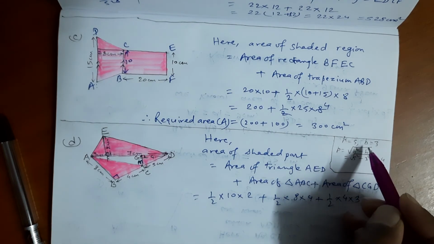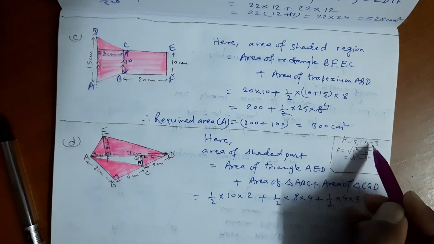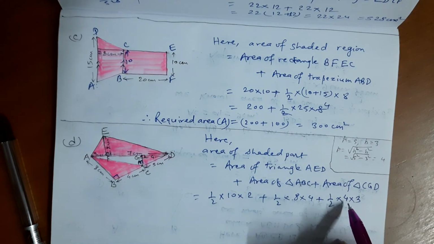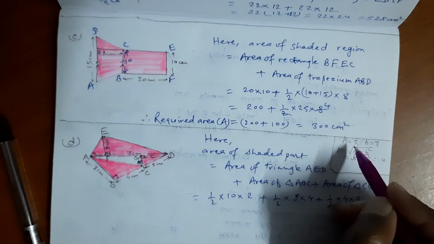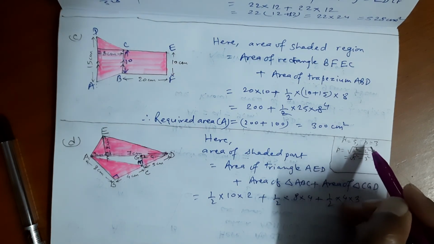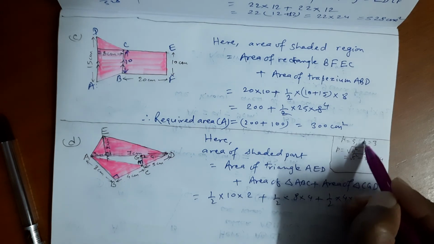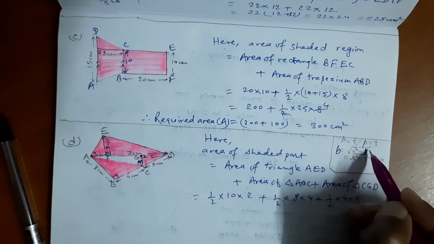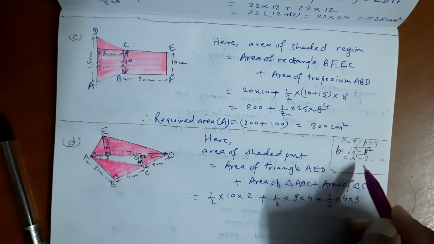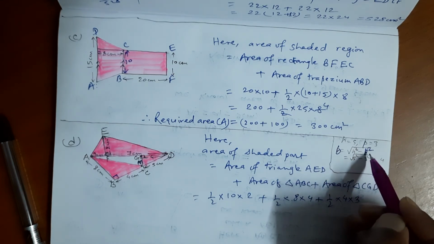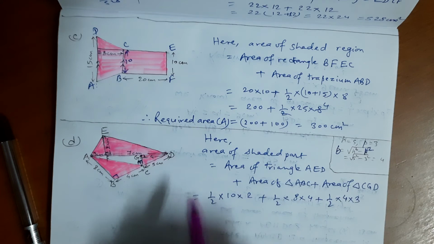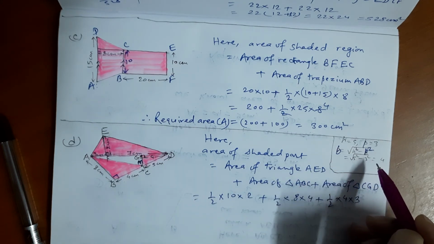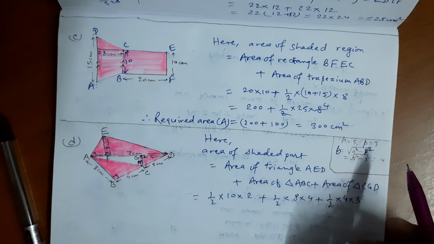Here I supposed this as b equal to 3, and here I supposed the base as 4, so it may cause confusion. I will suppose here p equals 3 and then write b here, so that there will not be any confusion. b equals the square root of h square minus p square, h means 5 square minus p means 3 square, because in a right angle triangle we can take either of the two perpendicular sides as base or perpendicular.